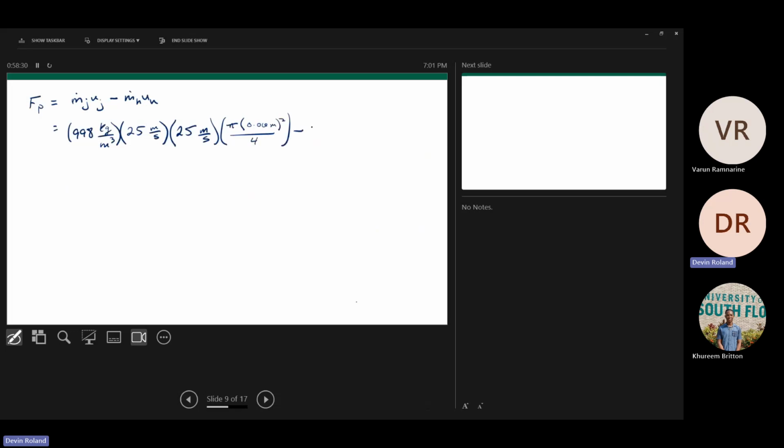And then we have minus 998 kilograms per meter cubed times, again, 25 meters per second and another 25 meters per second. And then this area is pi times 0.04 meters squared over 4. When you calculate that, it's 973 newtons.